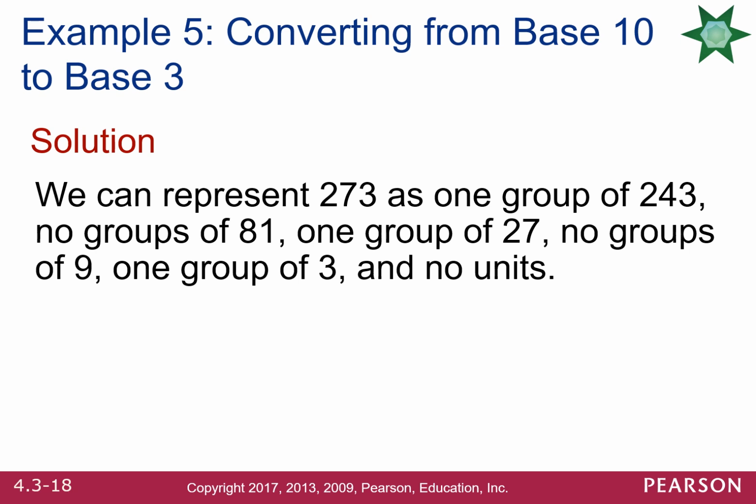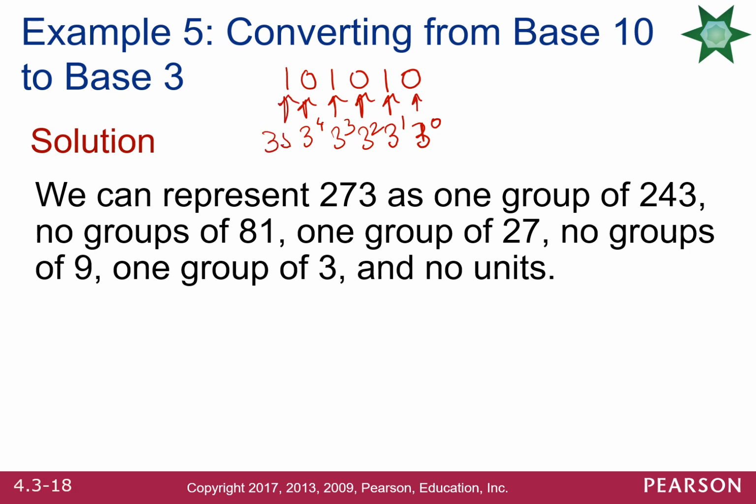We got this value here, 1 0 1 0 1 0. The positional value of the last 0 was 1, 3 to the power 0. Then this one would be 3 to the power 1, then the next 0 would be 3 squared, then 3 cubed, 3 to the power 4, and 3 to the power 5 for the extreme left digit.